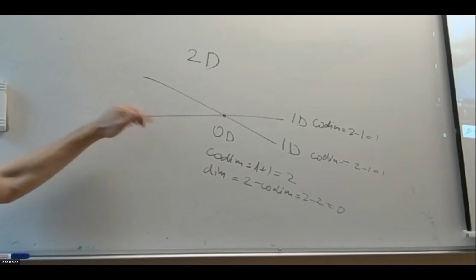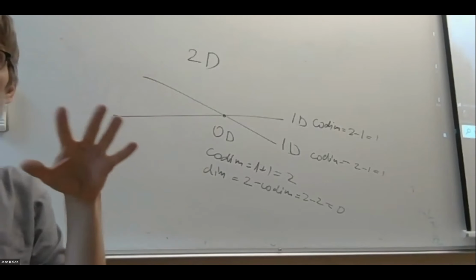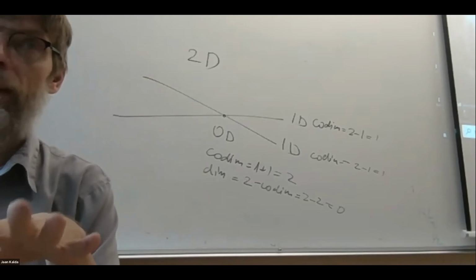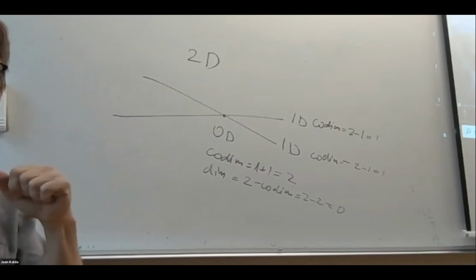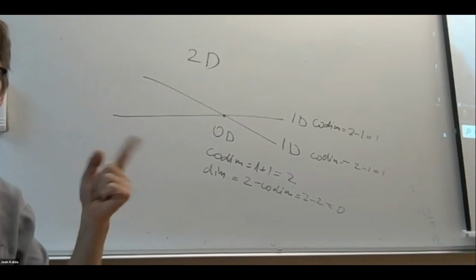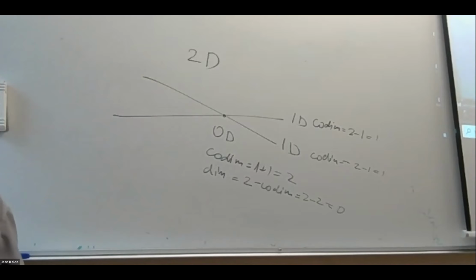If you have a line in a plane, you are missing 1 coordinate, y. If you have a line in 3-dimensional space, then the number of missing coordinates is 3 minus 1 is 2. You miss y and z. So codimension depends on where you live.